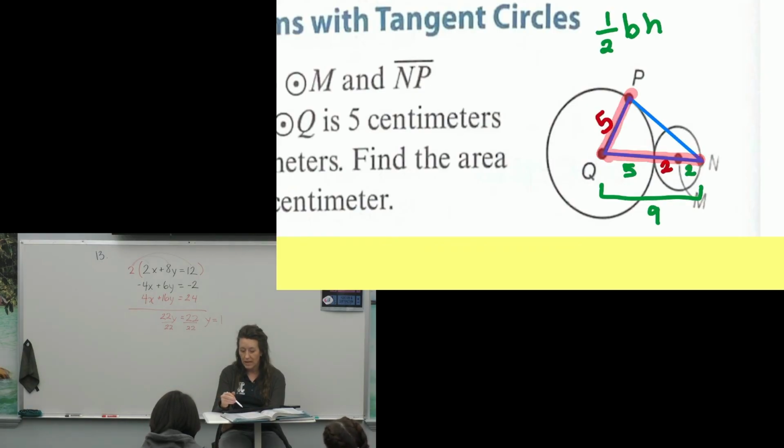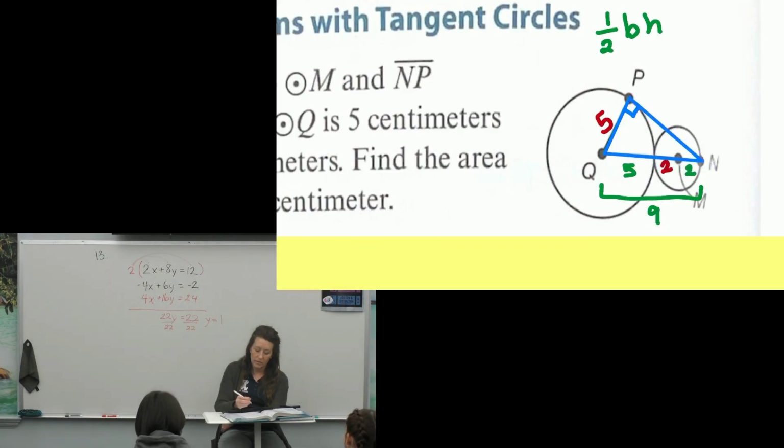So what do we know about tangent lines? They make a right angle, right? So this would be a right angle right here. Which means we could find out what this side is. And that could be our base and this could be our height. So this is the hypotenuse right now.